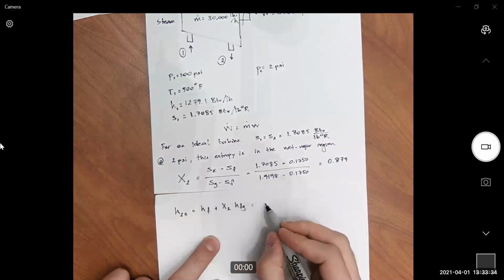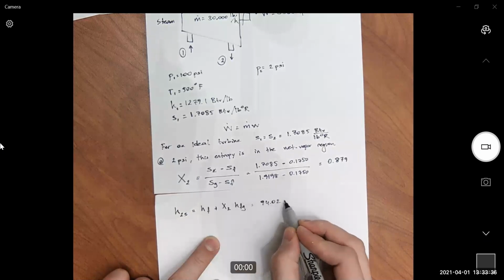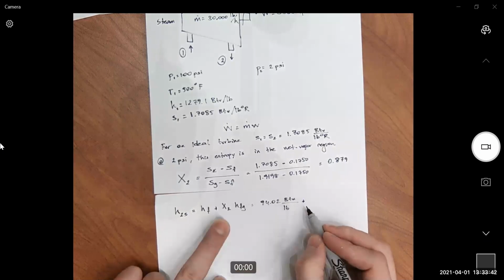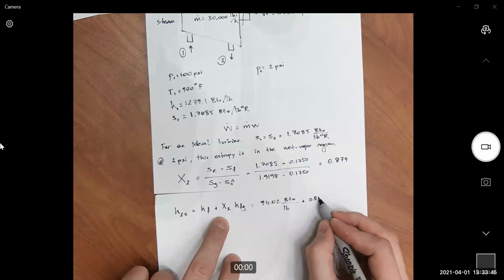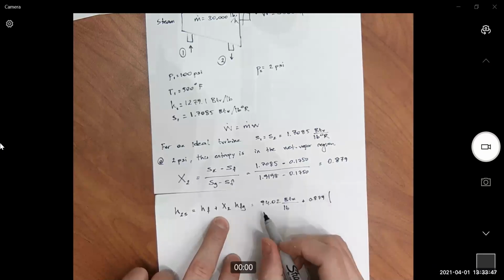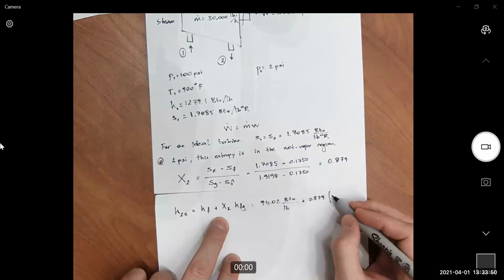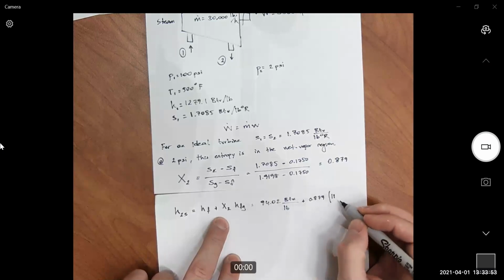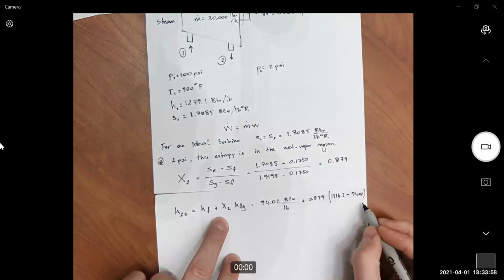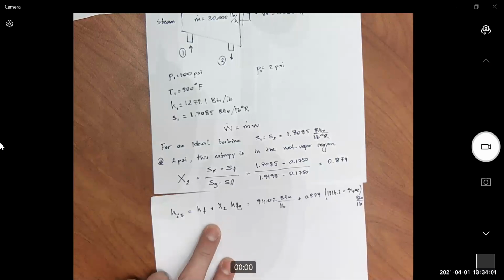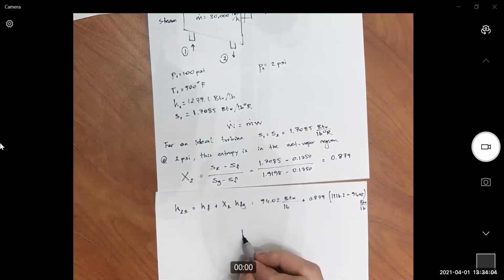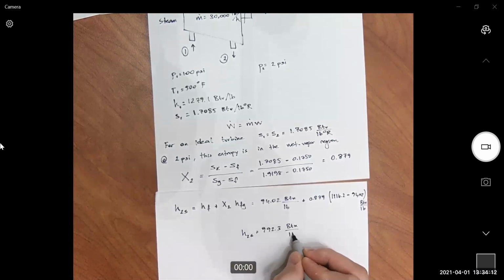HF is 94.02 BTU per pound plus X2, 0.879, times the enthalpy difference, HG is 1116.2 minus 94.02 BTU per pound. Enthalpy at the exit for an ideal turbine was 992.3 BTU per pound.